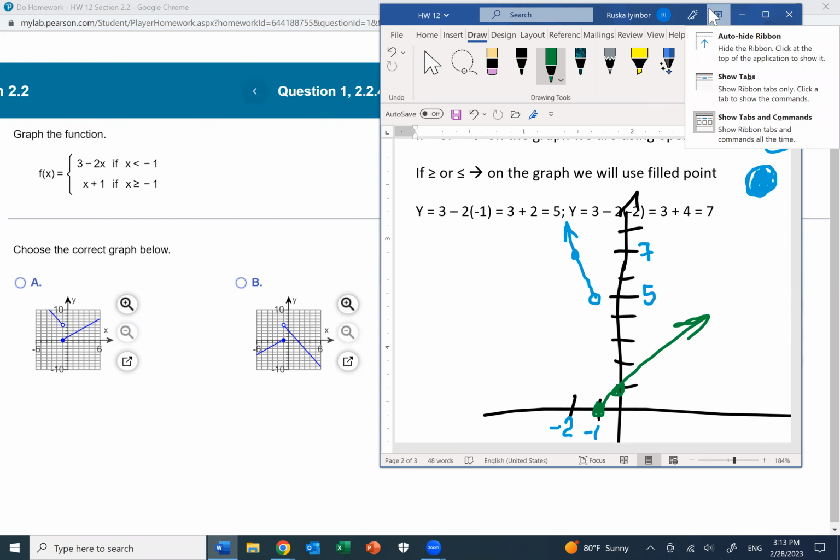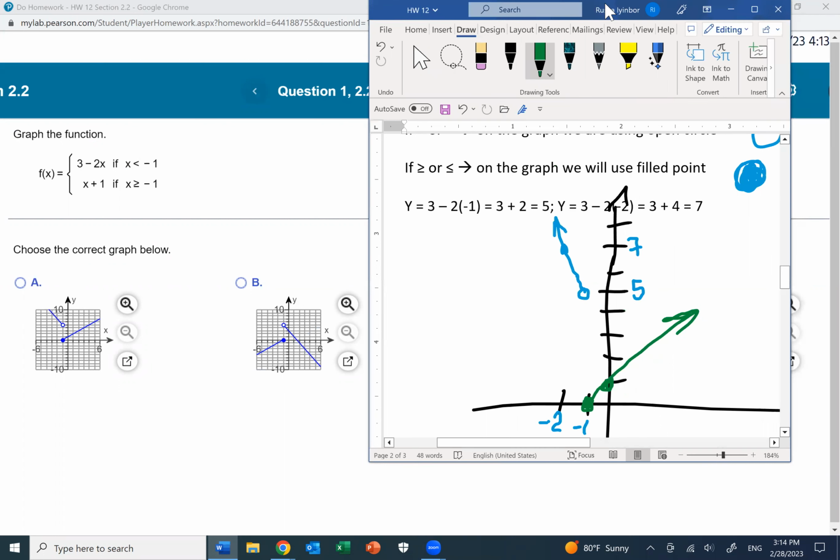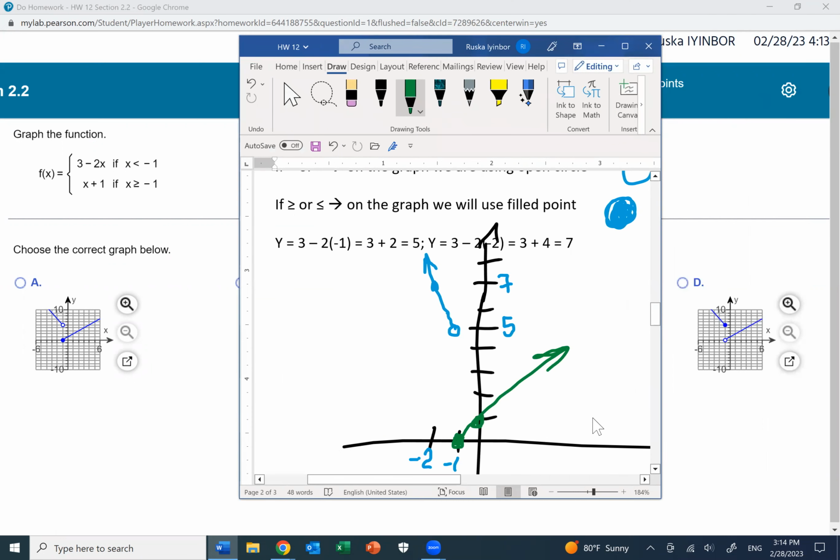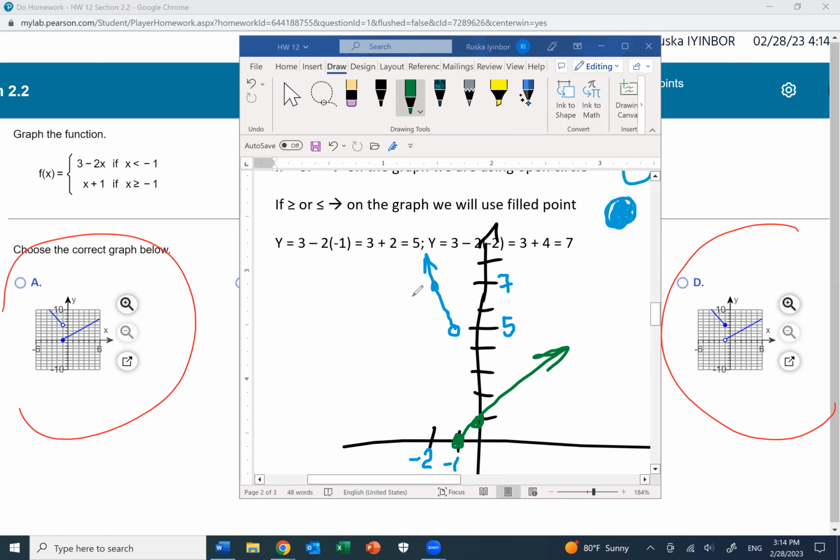Continue, let me see what the difference is between them. I have my graph in the middle so I can compare. Let me write something on my screen so you can see. Looking at my graph, this is graph A. This is graph D, and this is my actual graph in the middle.